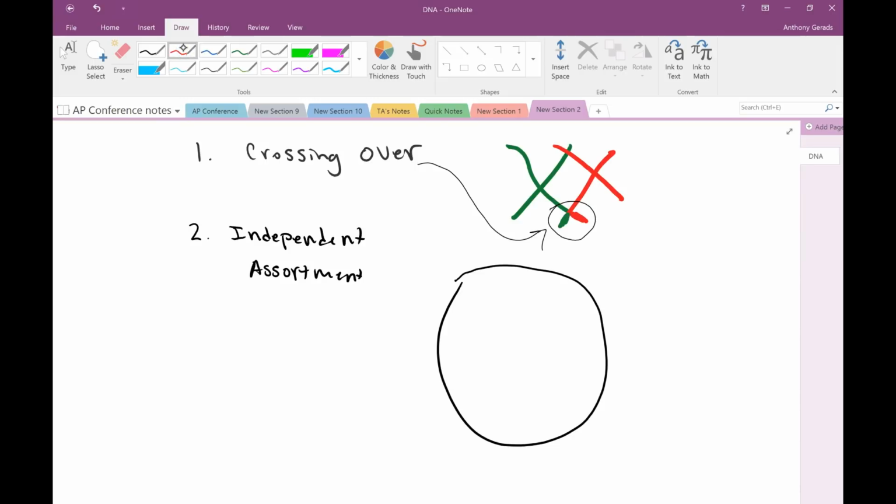And they're going to pair up in homologous pairs. Whether they line up on the left or line up on the right for chromosome 1 has no effect whatsoever on chromosome 2. So let's say I've got chromosome 1 goes left, right, right, left, left, right. Has no effect whatsoever on it. Alright? So it's completely random which side they line up on. But it makes all the difference because when that cell eventually divides, if it lined up on the left, it goes to the left. If it lined up on the right, it goes to the right. So what happens in this cell is completely random. Alright? And so that's going to add to variation.